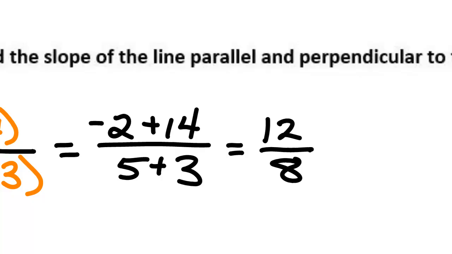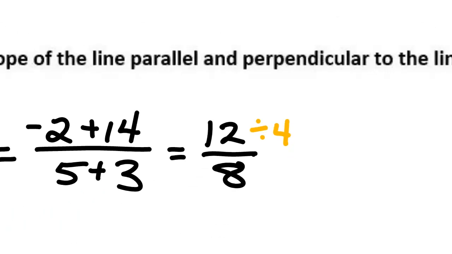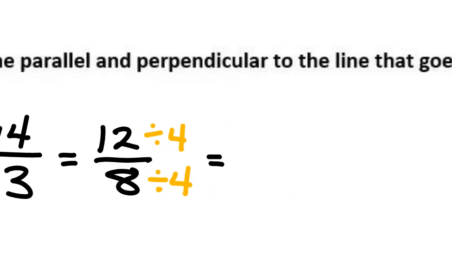What's the biggest number you can think of that goes into both 12 and 8? 4 goes into both. What is 12 divided by 4? 3. What is 8 divided by 4? 2.